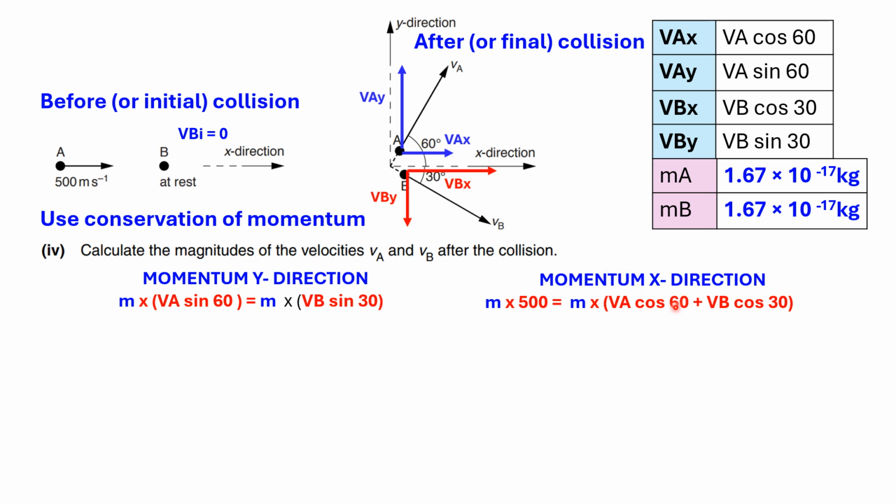By the expression that we derived in the last question, we know that the mass times the velocity in the x direction, which is VAX, I'm going to substitute with what I see here, which is VA cosine of 60, plus the velocity of B in the x direction, VBX, right here, VB cosine of 30.